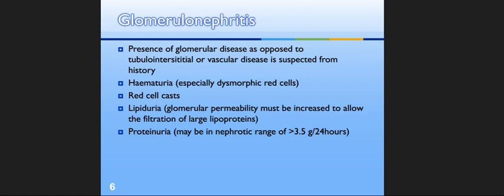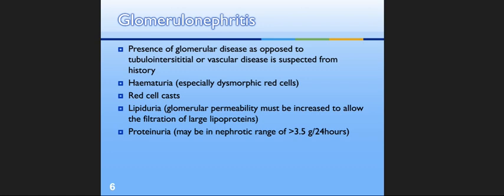So at least we are speaking about the types or the components: glomeruli, tubules, and it has many types, interstitium, and vascular component. So presence of glomerular disease as opposed to tubulo-interstitial or vascular disease.